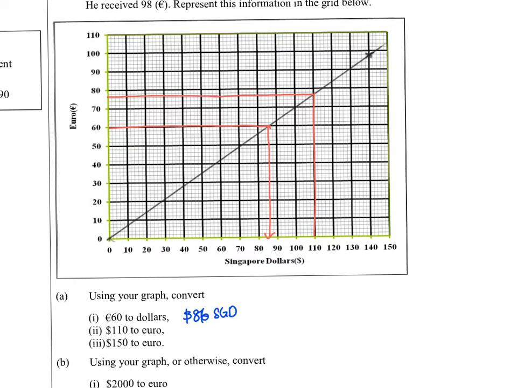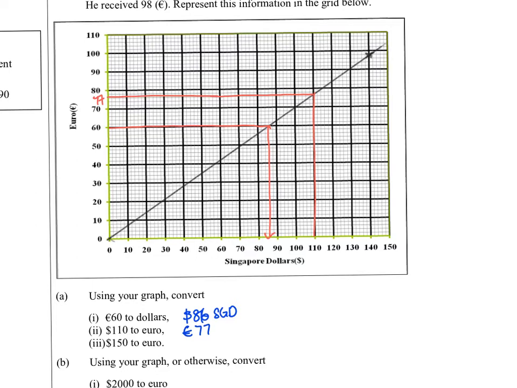So this is approximately 77 euro, because it's supposed to be in the middle of the square, but different people will read different answers, so I'll just put approximately 77 euro.